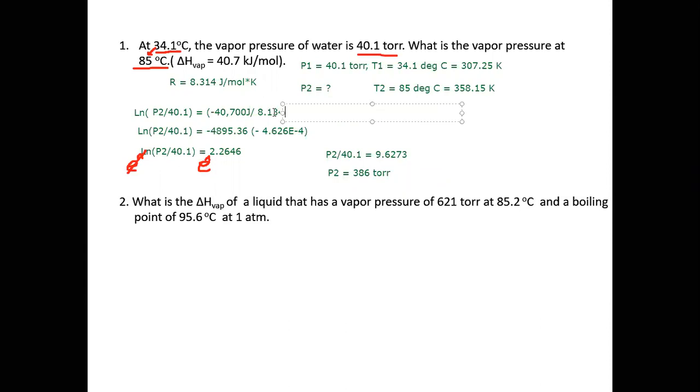Oh, 314, sorry, that's a typo. Yeah, if it's 314, you get the 4,895.